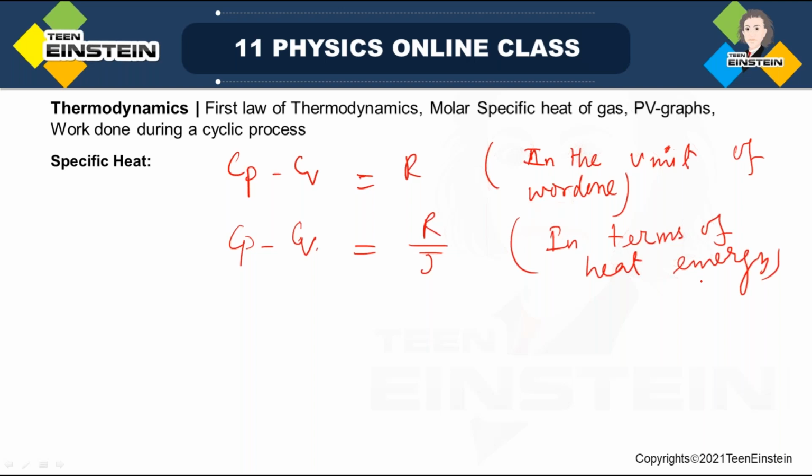So this is the relation between Cp and Cv, and the excess energy, the difference between the two specific heats, is equal to the amount of heat equivalent to the work done performed by the gas during expansion at constant pressure. I'll just write this statement.